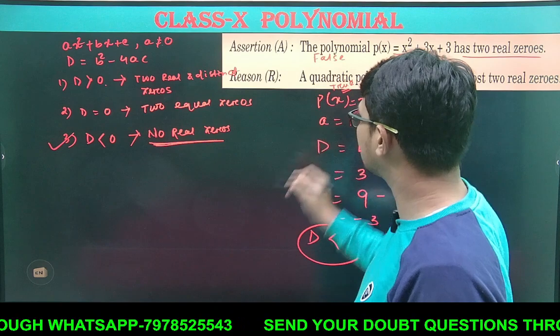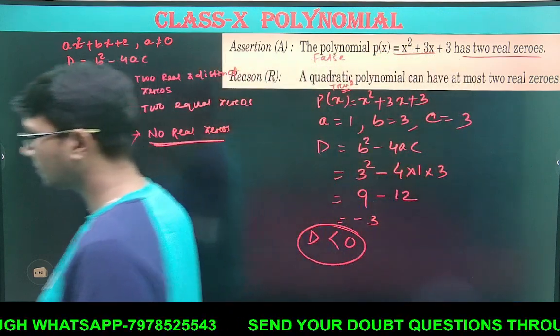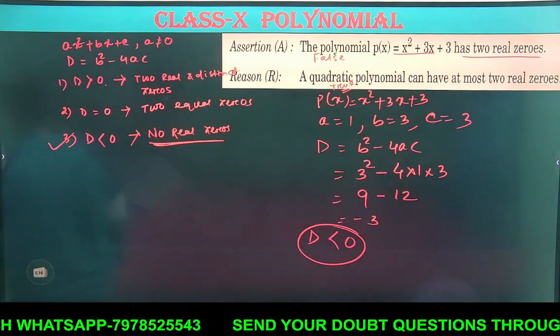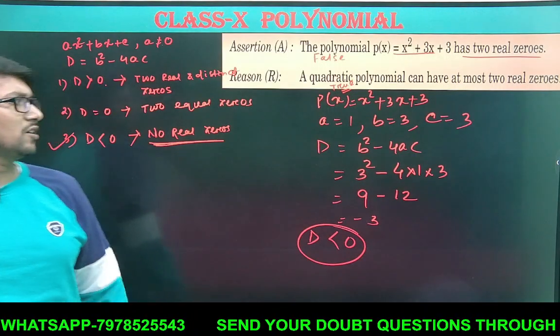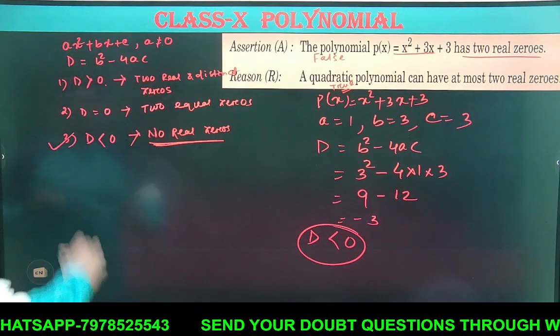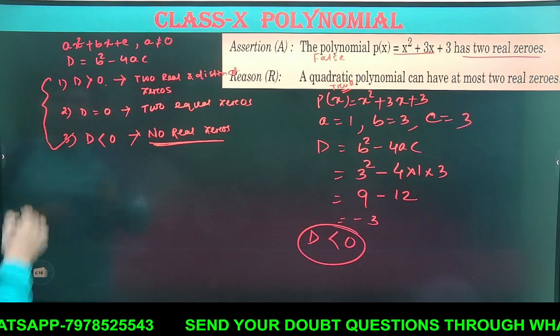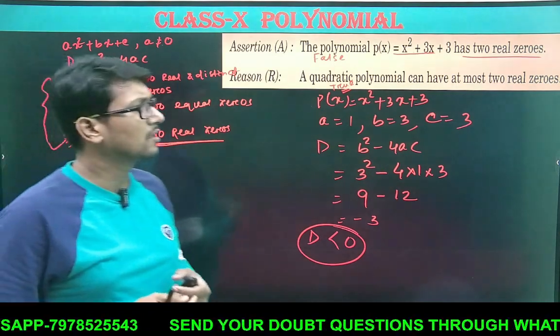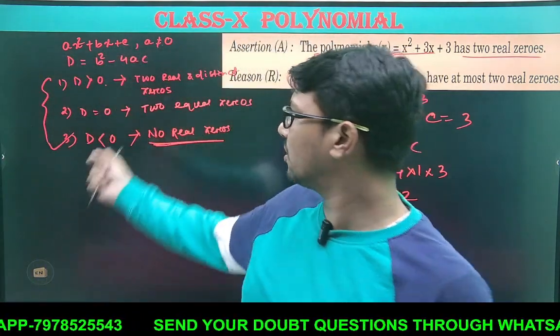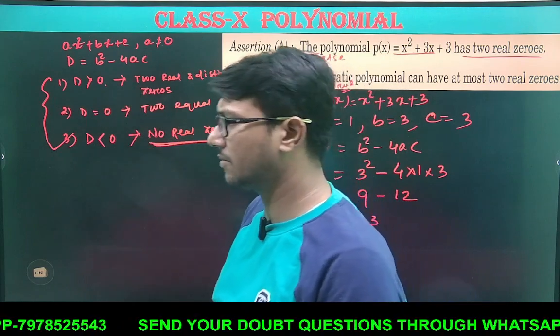I hope this is clear to all. If it is clear, note it down. These three things are very important for finding the nature of the zeros, so you need to understand this discriminant part.